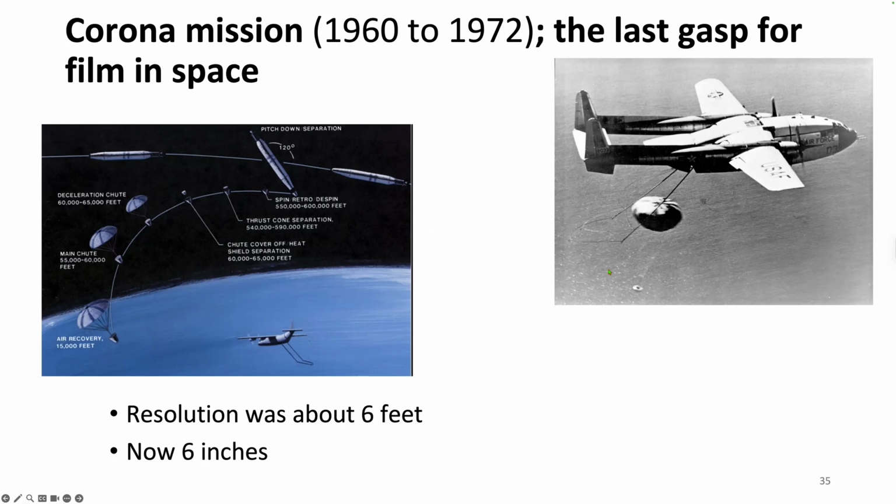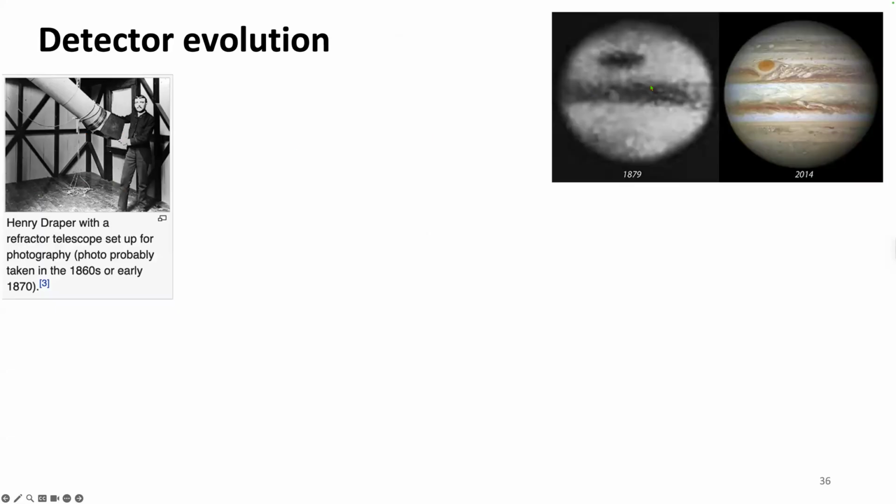Well, finally, in the mid-70s, we started getting electronic detectors. So here's an example of Henry Draper, a pioneer in using photography for astronomy. And he was able to take pictures like this. Nowadays, we can do this. This is Jupiter.